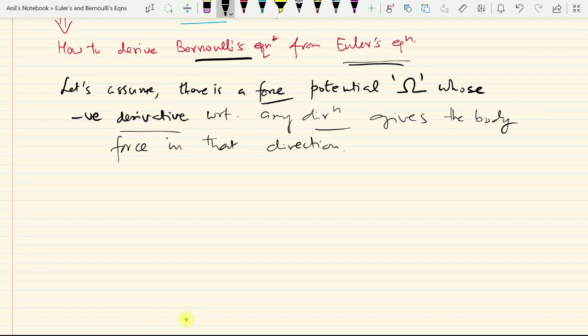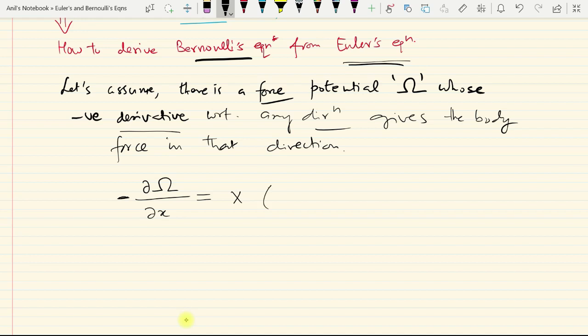So if I differentiate omega, which is force potential, with respect to x and take its negative, this will be X. And what is X?